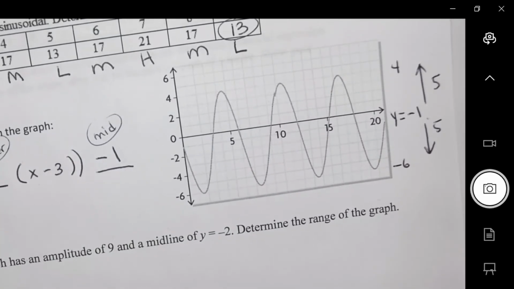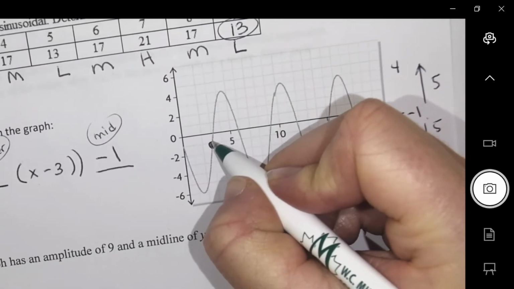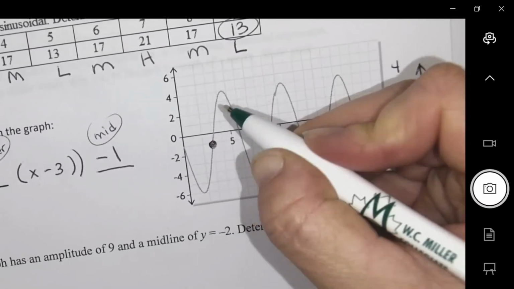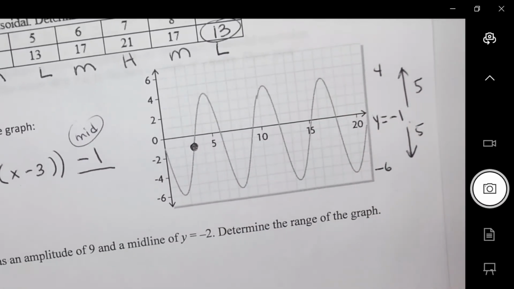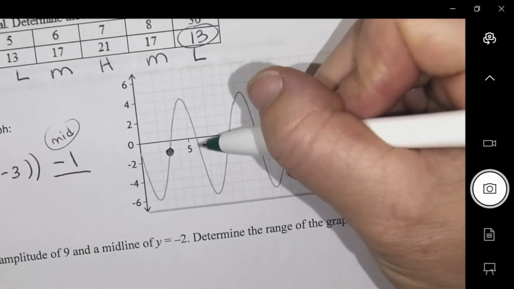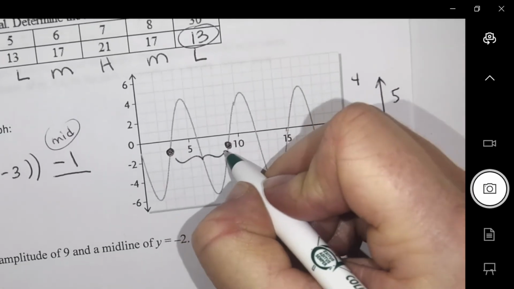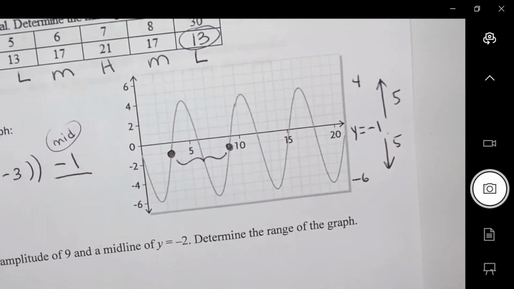So let's do our period here. If I take that midline point and that midline point, okay, you can grab any points as long as they're a top to a top, bottom to a bottom, a midline to its matching midline.